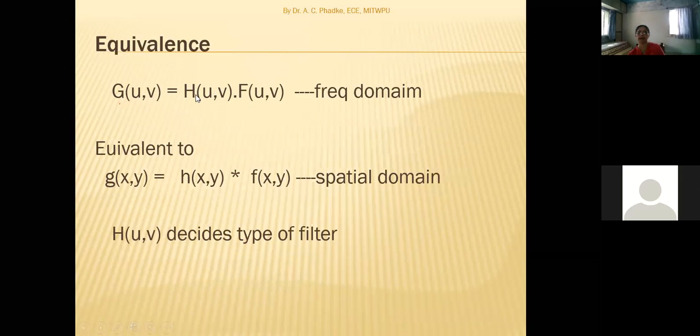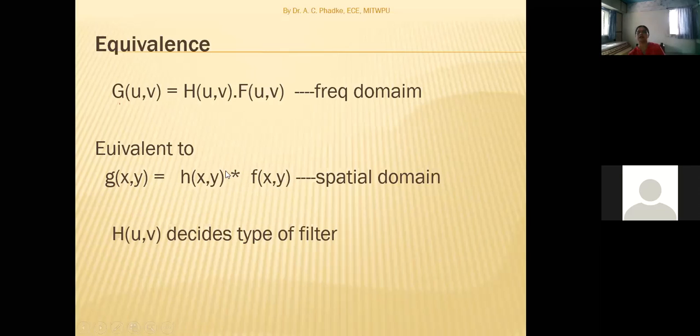G(u,v) we can obtain by multiplication of the filter function H(u,v) and F(u,v). And this frequency domain multiplication is equivalent to two-dimensional convolution in spatial domain, or image space, or image plane. So we can represent its equivalent in spatial domain as g(x,y) equal to h(x,y) convolved with f(x,y).